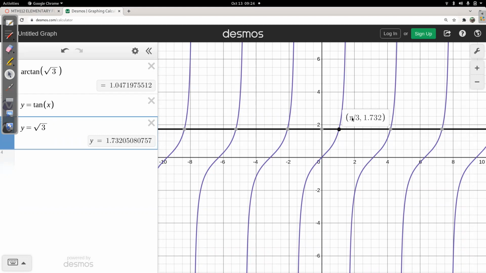Restate that. The arctangent said if y was equal to the square root of 3, that's the 1.7, the angle should be pi over 3.